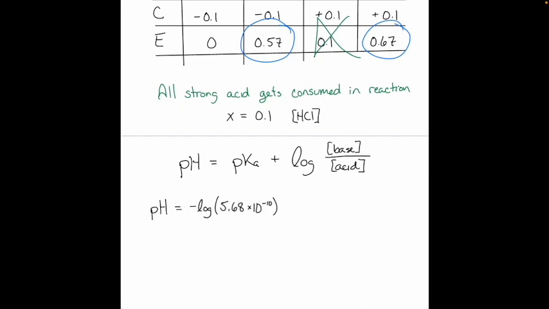We solved for the Ka of this conjugate pair using the Kb of ammonia.